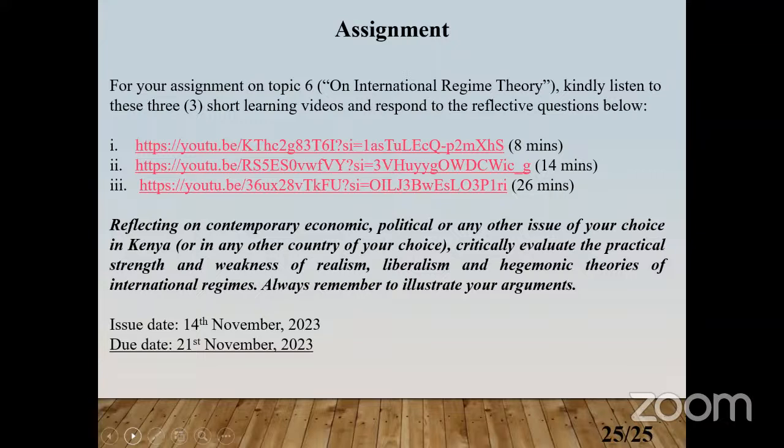As a learning point in this assignment, always remember to illustrate your arguments.